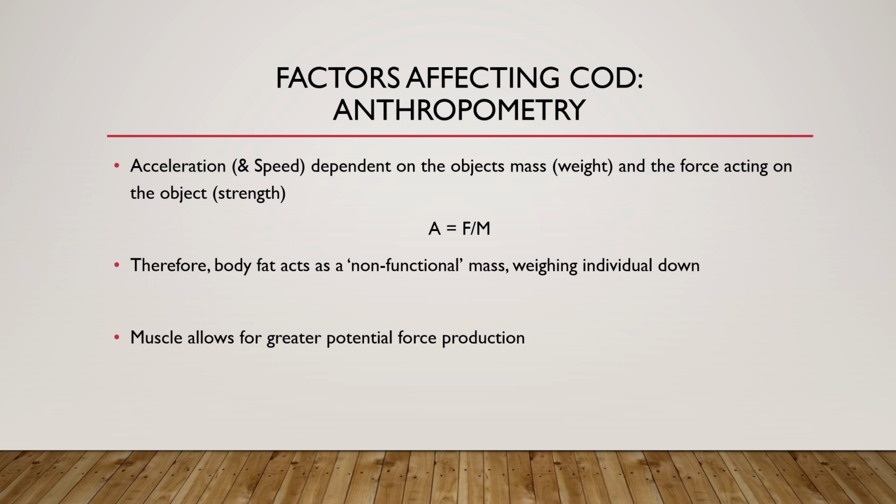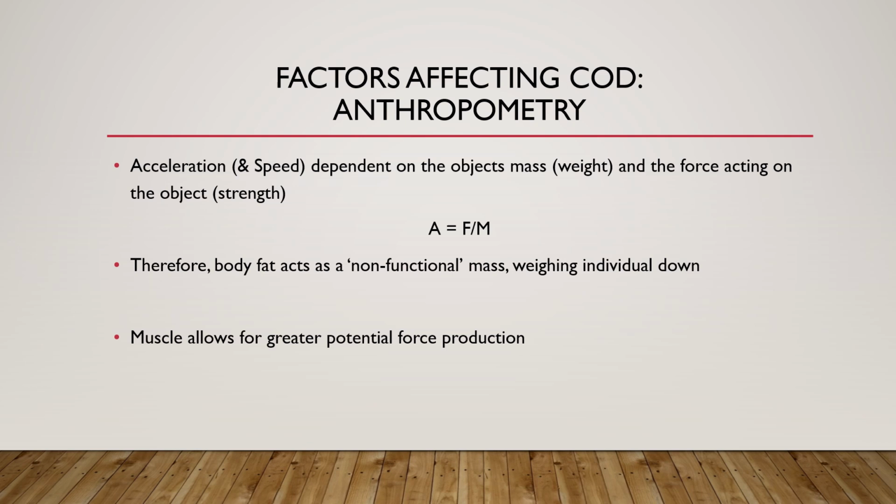So whilst having a greater relative muscle mass will allow for greater force production, a higher fat mass is going to increase the mass of the individual but not facilitate the development of strength or force in any way.